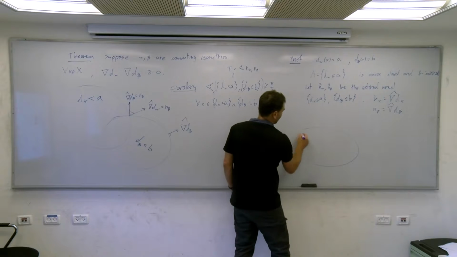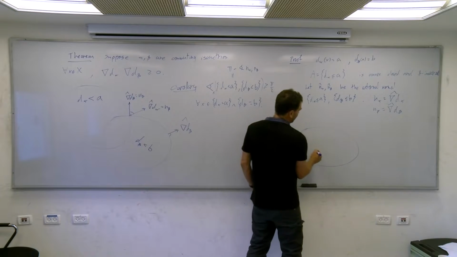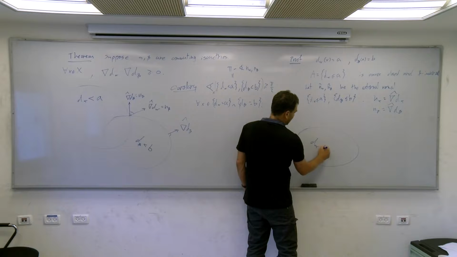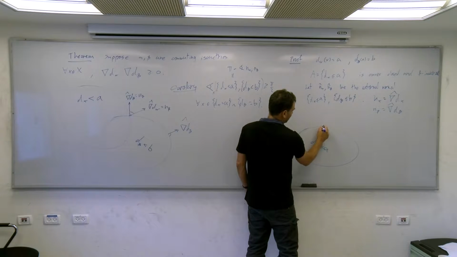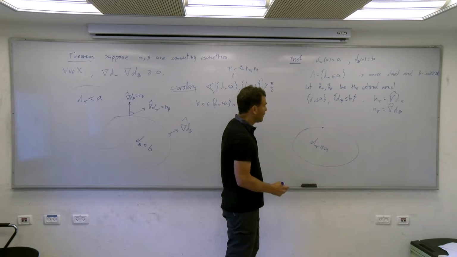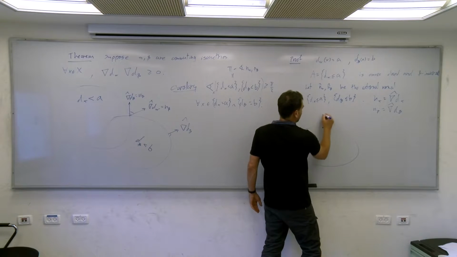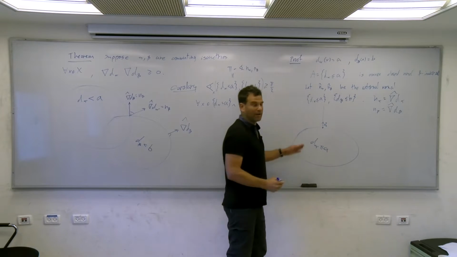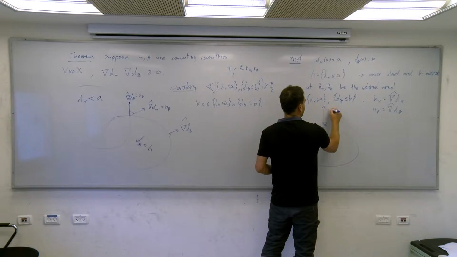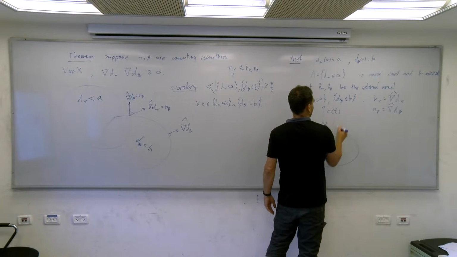So this is d_alpha less than a, and I have a point x somewhere here, and the external normal, the direction n_alpha, and I define a geodesic c of t.